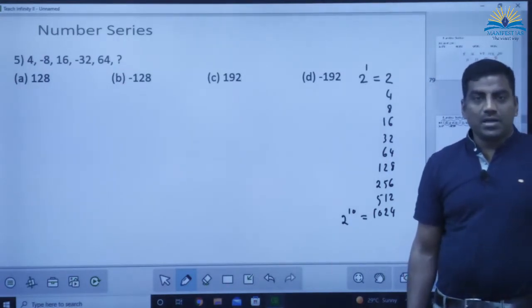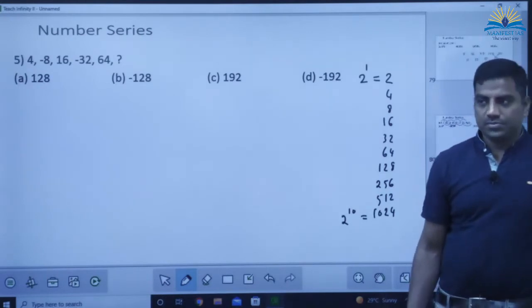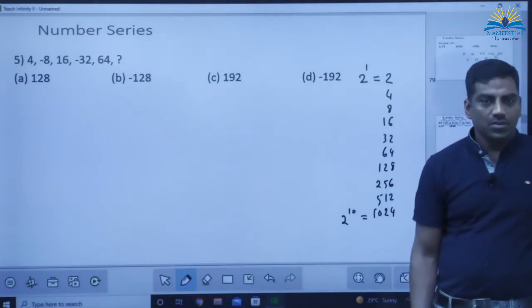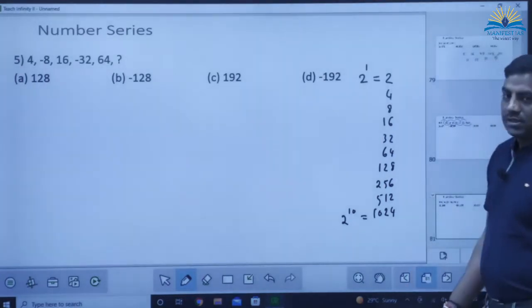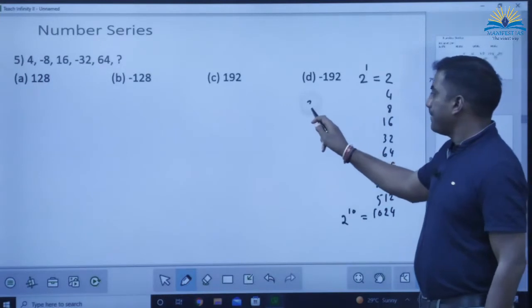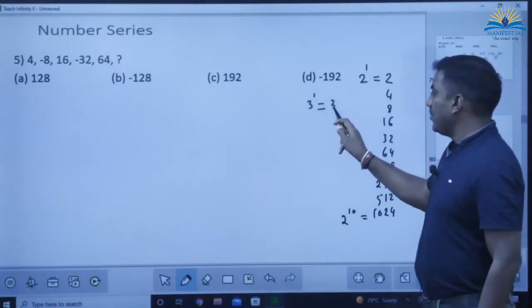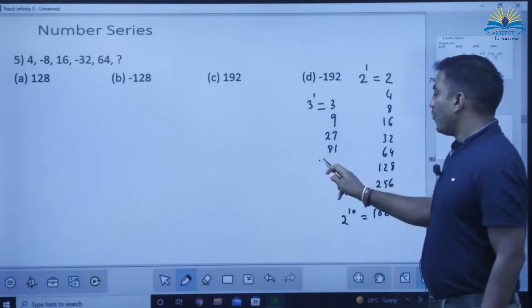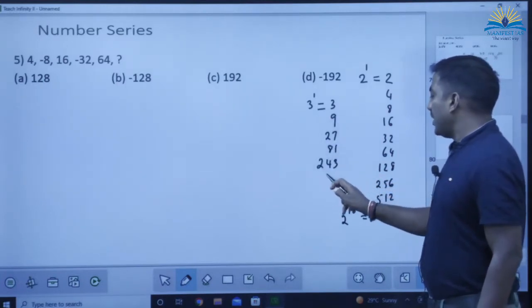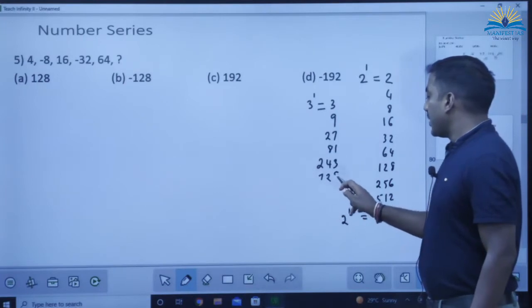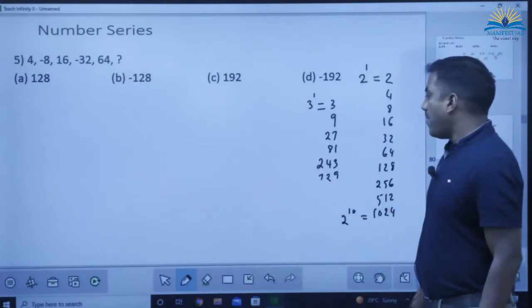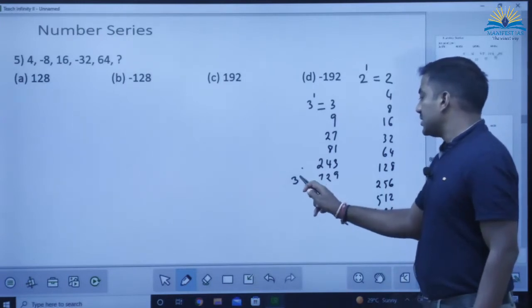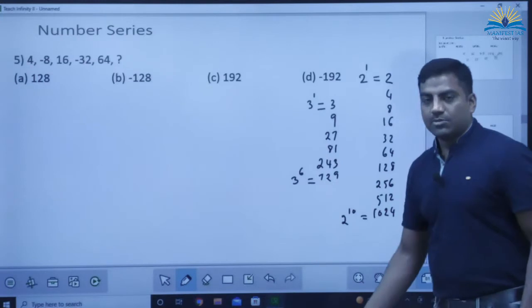At least in the whole paper, 2 to 3 problems will be depending upon powers of 2. Similarly, powers of 3. 3 to the power of 1 is 3, then 9, then 27, then 81, 243, and 729. This is 3 to the power of 6. Write them somewhere.